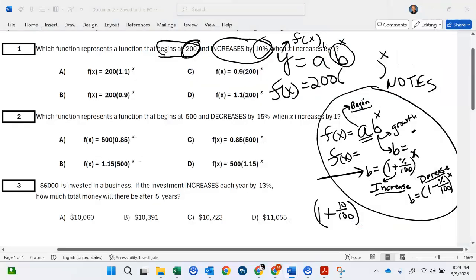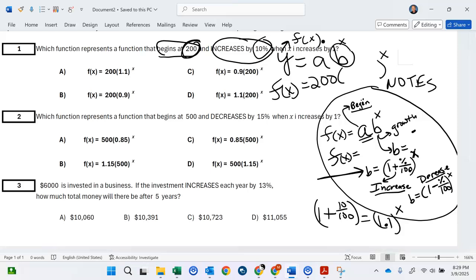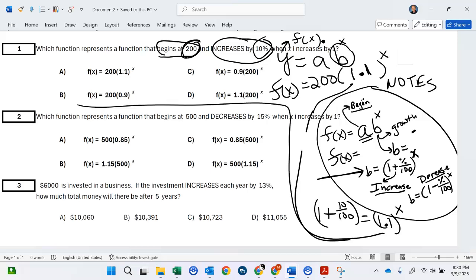So that means this over here is going to be 1.1 to the power of x. That's how we get it. I'm still on number 1.